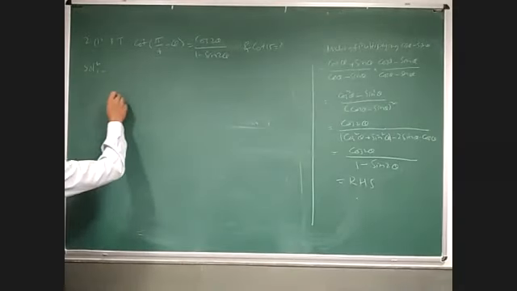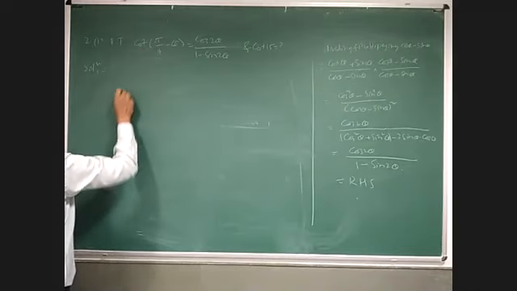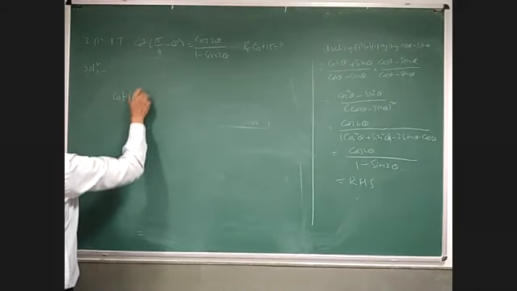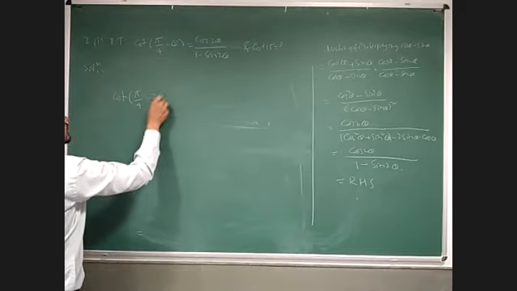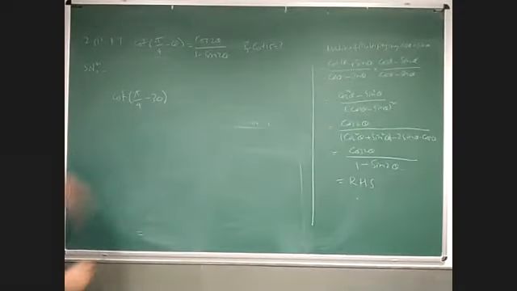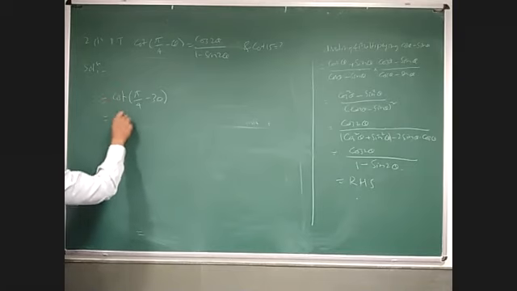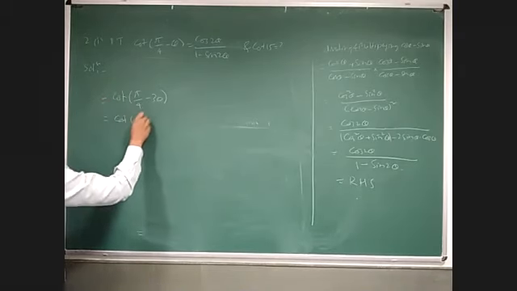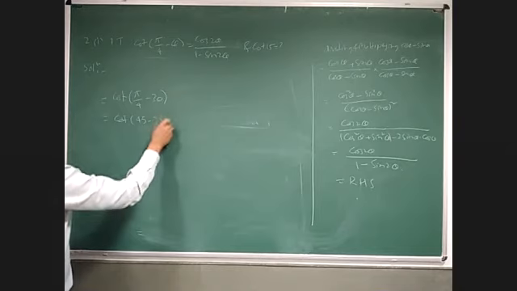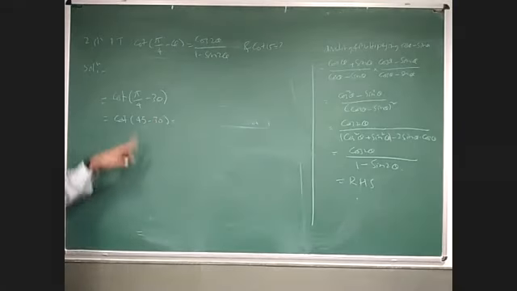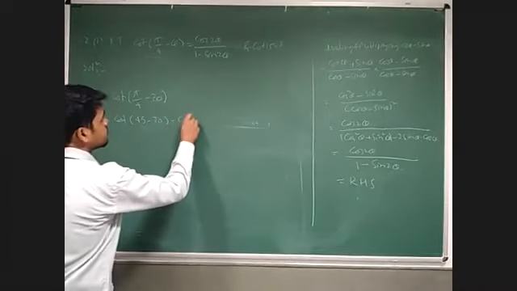See here, the given thing is cot(pi/4 minus 30). Pi by 4 is nothing but 45, and 45 minus 30 is nothing but 15.